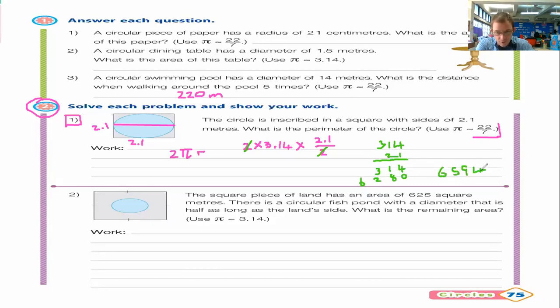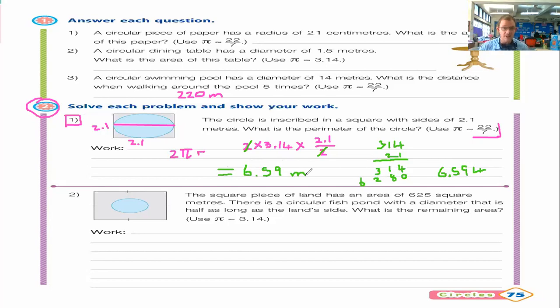And there's 3 decimal places. 1, 2, 3. So we'll end up with an answer of a perimeter of 6.59 meters. 6.59 meters or 6.6 meters.